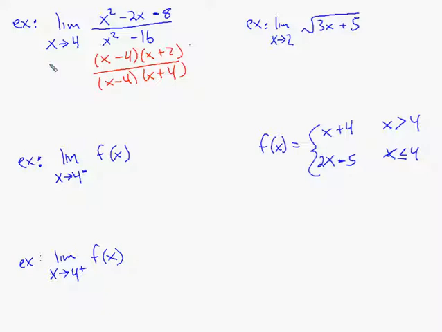Alright, so we factored. Okay, so we can put in the 4. So we get 6 over 8, which reduces to 3/4.